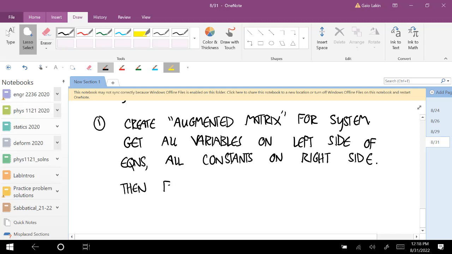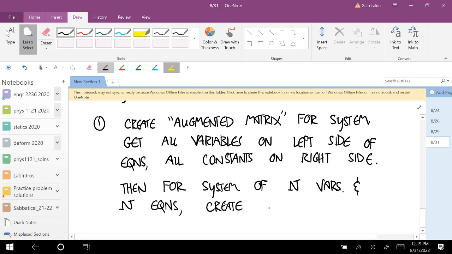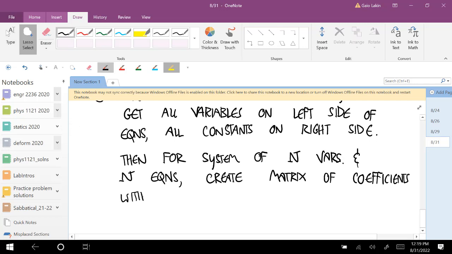Then, for a system of n variables and n equations, you're going to create a matrix of coefficients with n rows and n plus 1 columns.